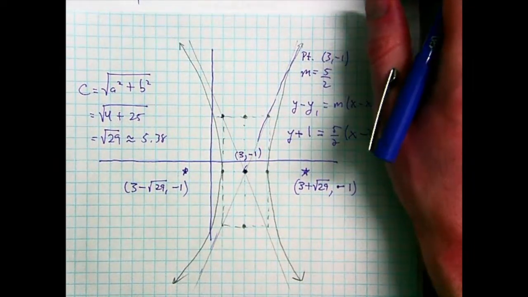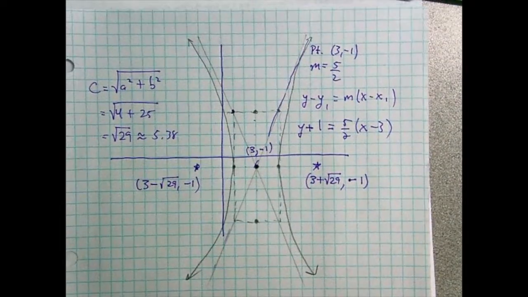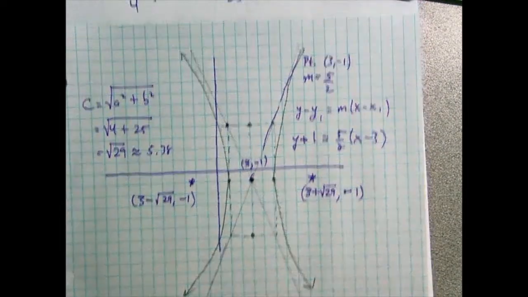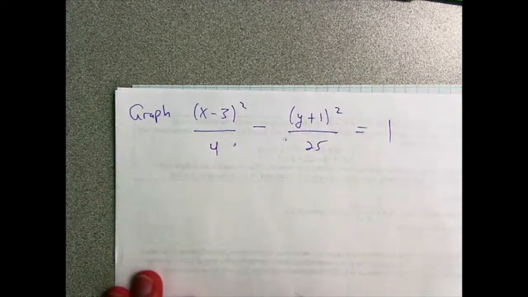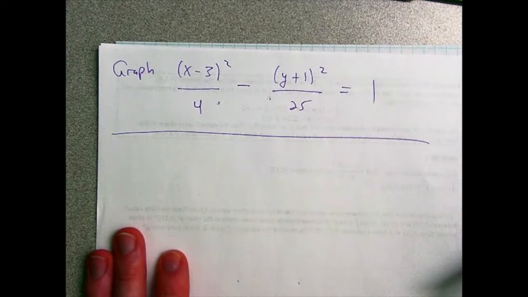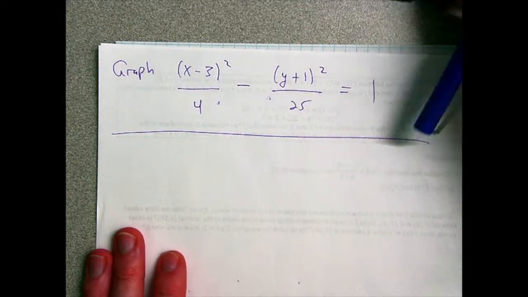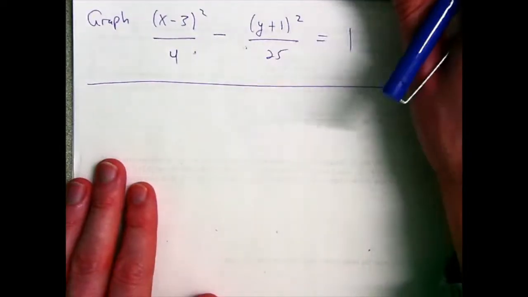So one more example before we wrap this up. I want to do one of these tricky examples where we just give you some random information about a hyperbola and you are asked to find its equation. So here's the setup.